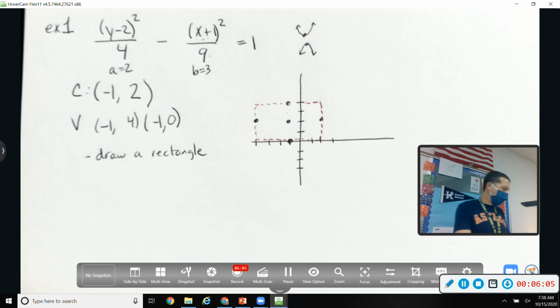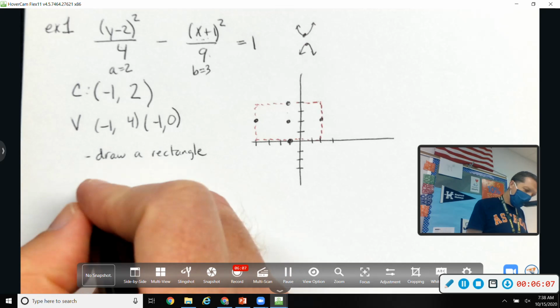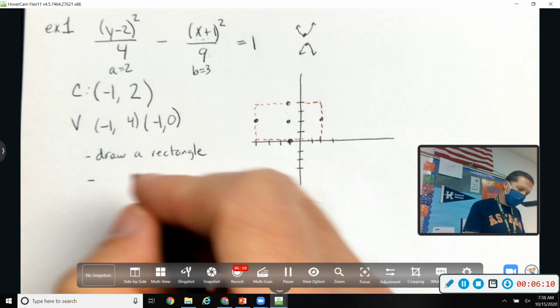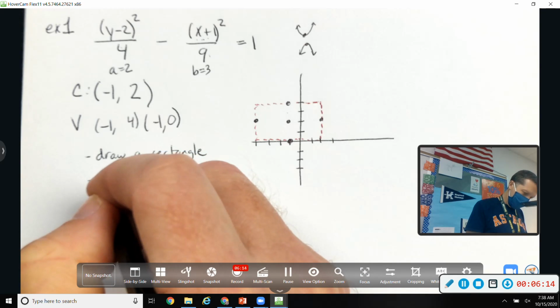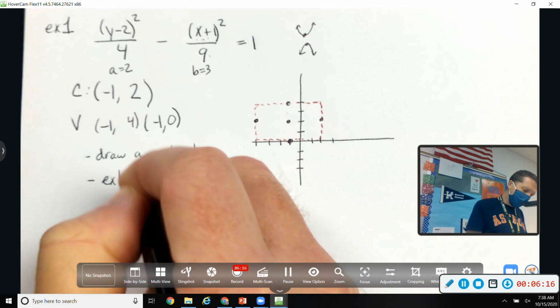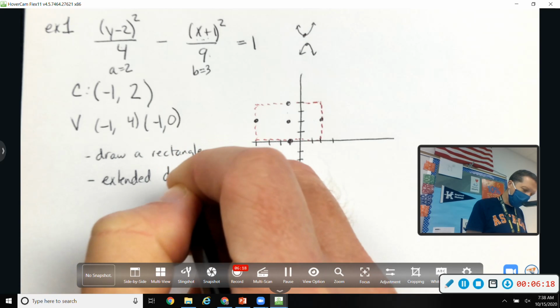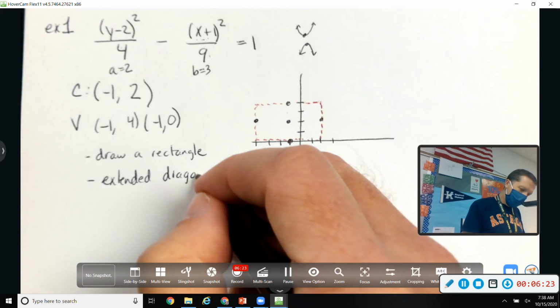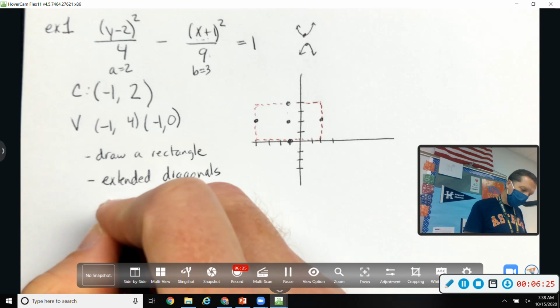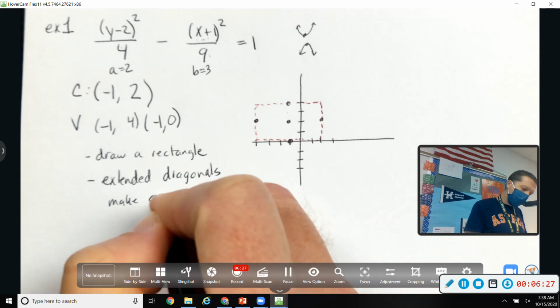We'll see why in a minute. After we draw a rectangle, the diagonals, or the extended diagonals, meaning we're going to extend them out past the box, the extended diagonals make the asymptotes.